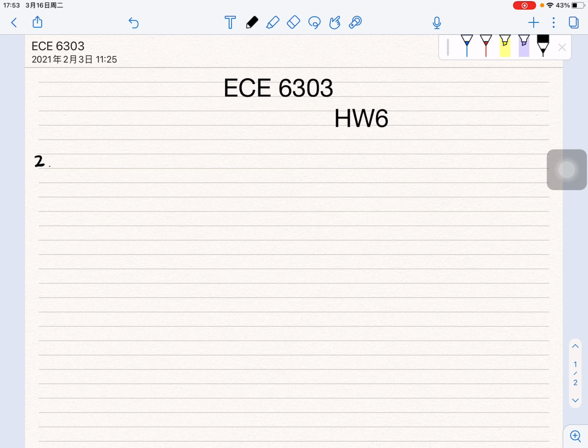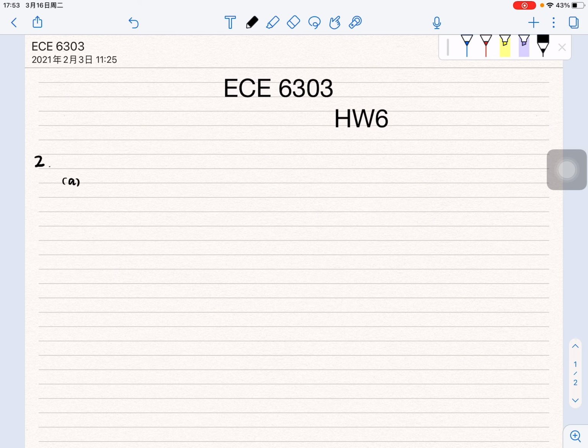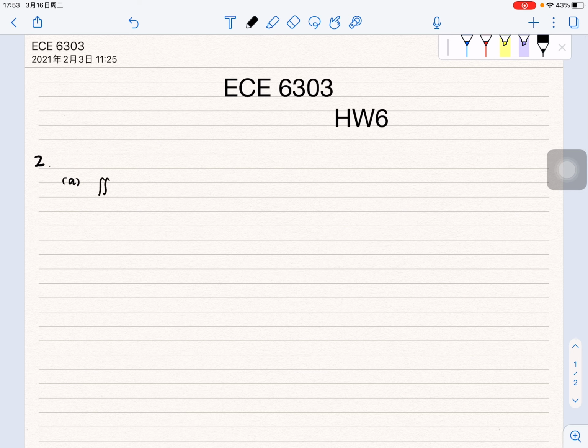ECE6303. Now it's question 2. Firstly, we need to find b so that the function is a valid joint PDF, and we can get that the integration of the x, y density function is equal to the integration of b dx dy, and we can calculate the area of this circle, and then we can get it equals b multiplied by pi multiplied by 1 squared.